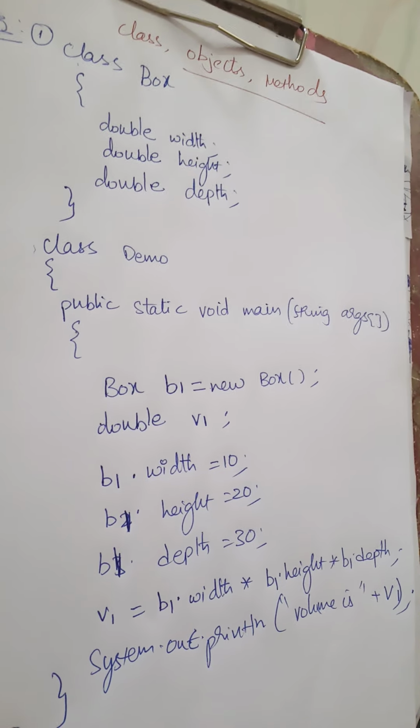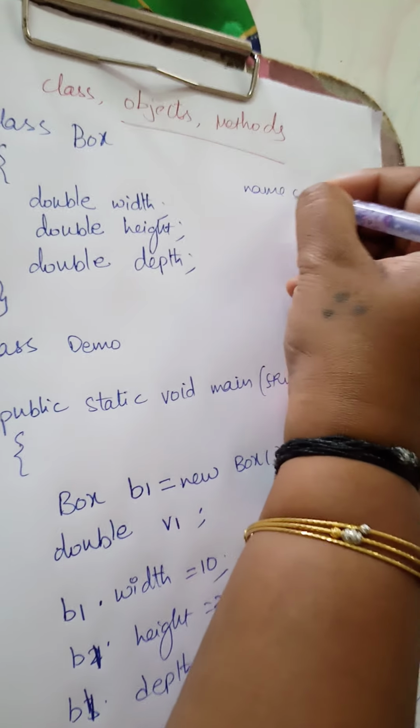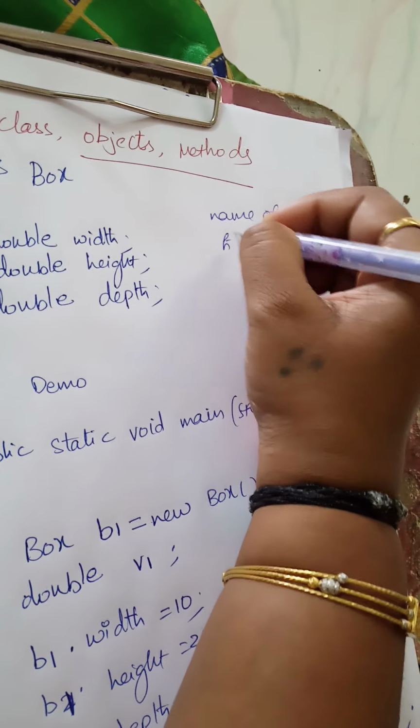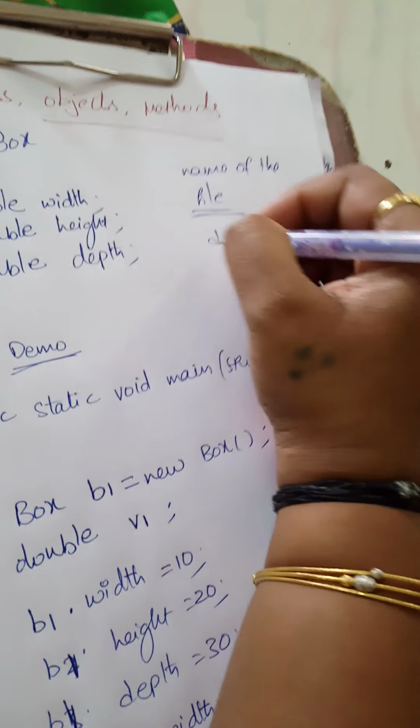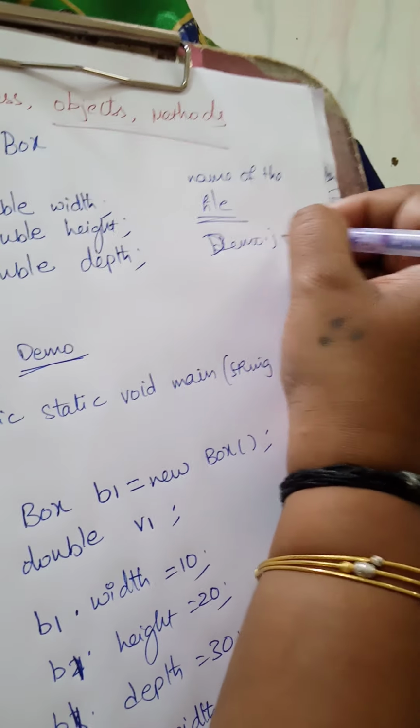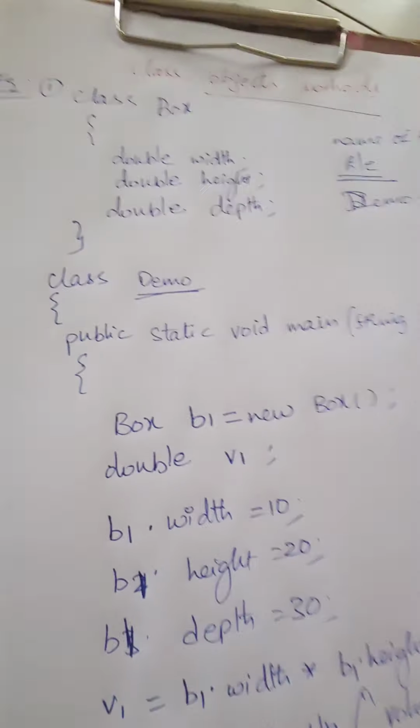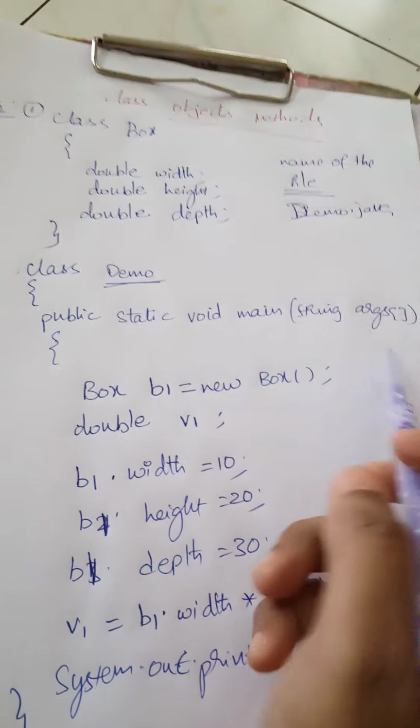Now whenever you execute the program, the name of the file you should give as Demo.java, with capital letter, Demo.java, not Box.java. The class name which contains public static main should be given as the file name.